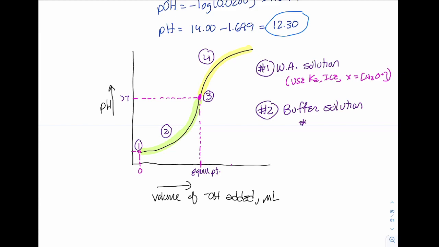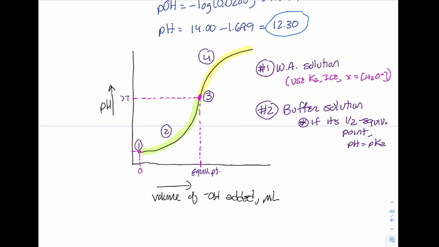If it's the half equivalence point, pH is going to equal your pKa. And that's only at the half equivalence point. It's always a buffer between those 2 points, right? Between 1 and 2 on my graph.